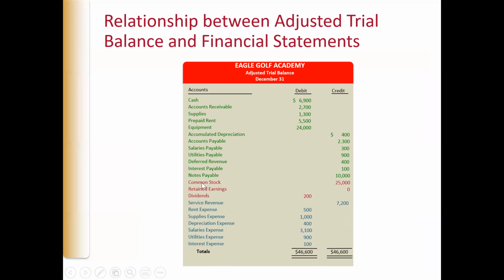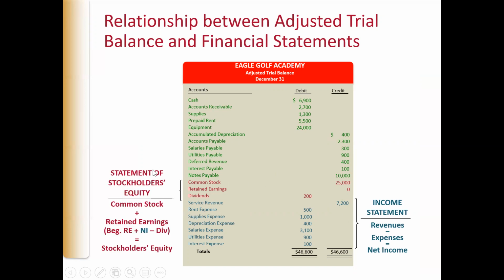Then after that, we're going to create our statement of stockholders' equity. Then once we have that, we'll create our balance sheet. Now, guys, we have to start with the income statement first, and I'll tell you why. Our income statement shows our revenues and our expenses. Our statement of stockholders' equity shows these three items: the common stock, the retained earnings, the dividends, plus our net income from the income statement.